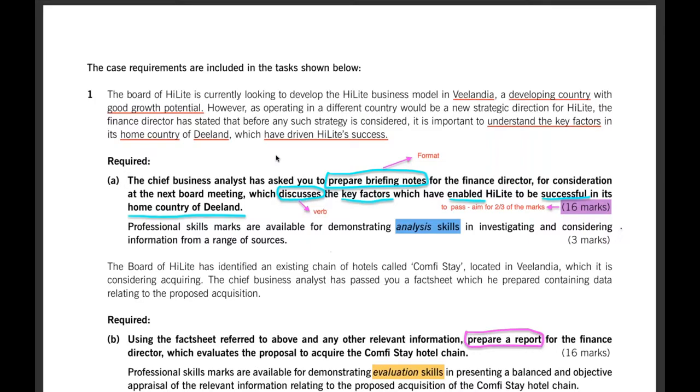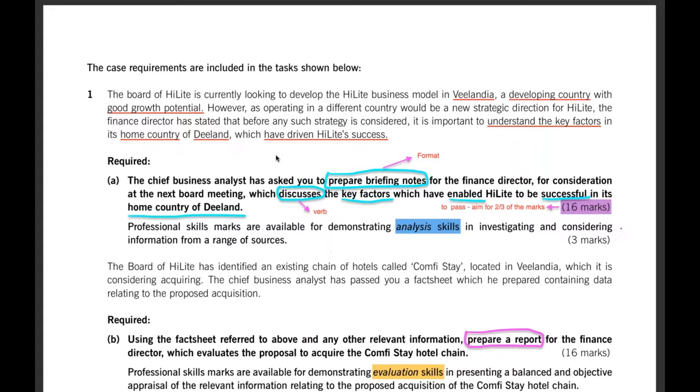So as the finance director said, before they move somewhere, the first thing is they need to understand what has actually made Highlight successful in Dylan. So basically that should tell you what? Oh, they're talking about what?